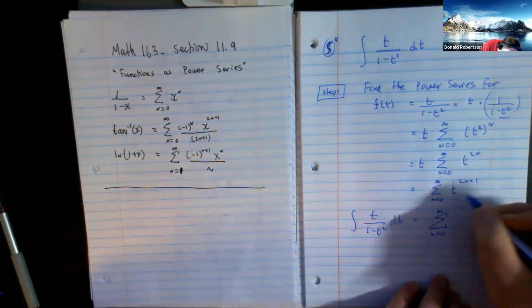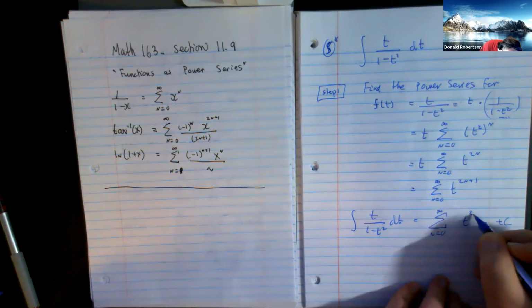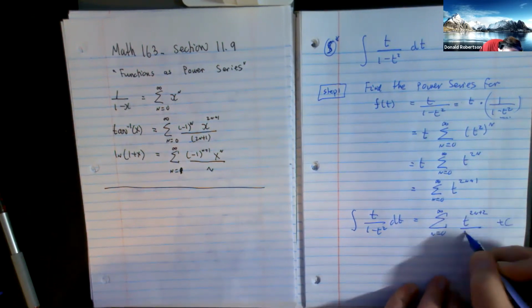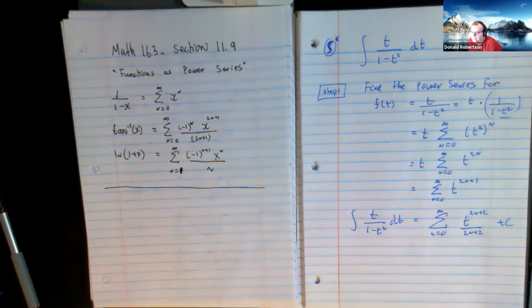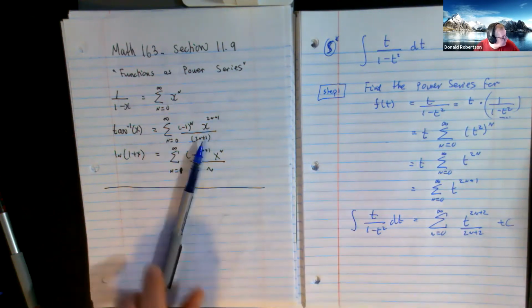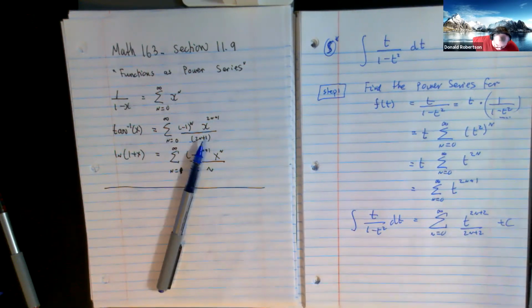Not much happening here, so add 1 to the power and divide by the new power, and you are finished. There wasn't really any tidying up to do. You like that one?